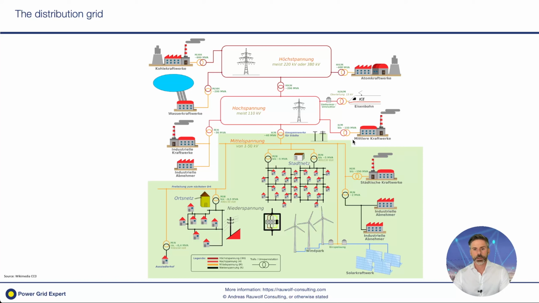And already that transformer station here is part of the distribution grid, as are the following substations coming here, as also DERs who are supplying to the medium voltage level, to the low voltage level, of course, as well. And this comprises also cable networks, overhead lines, and the endpoint of the distribution grid is the connecting point to the end customer.